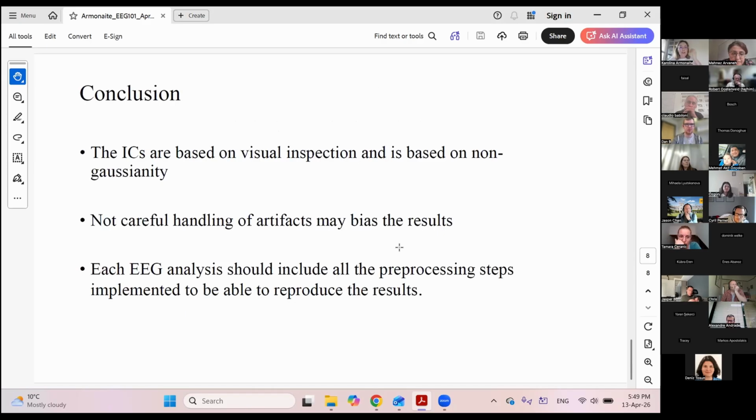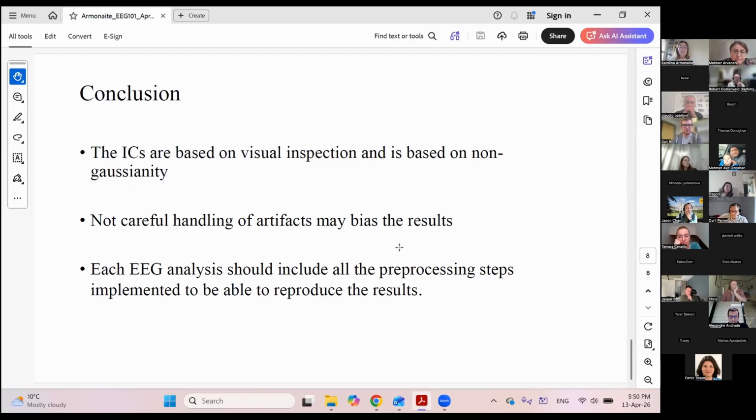So actually, I would like to conclude that even when we perform the independent component analysis, we still might need in some conditions to further handle the artifacts, and those artifact handling methods might somehow bias the results, as you have seen in the space and ground conditions.